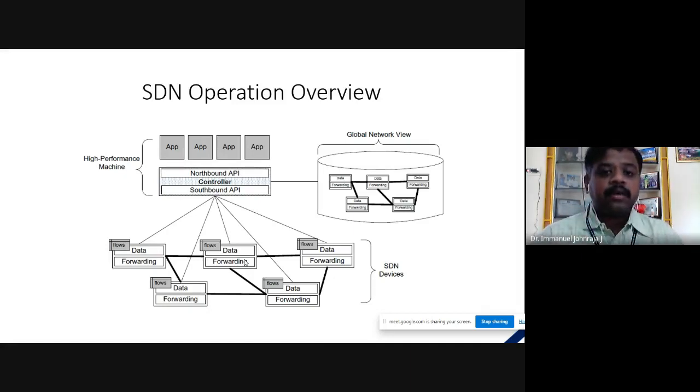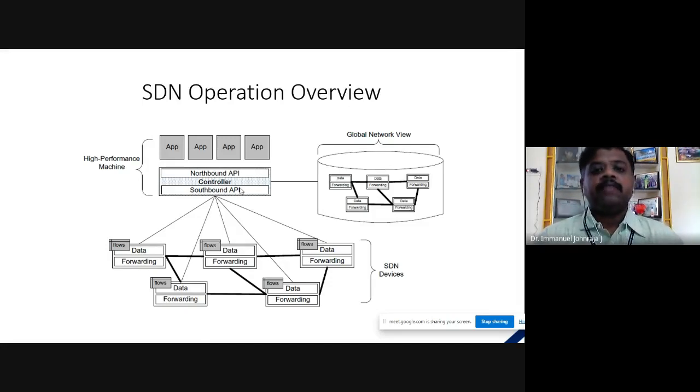But how are they working? They are all controlled by the controller. This controller has the global view of the network, very similar to link state routing protocols. Since it has the global view of the network, the controller can take a call on where the packet has to be forwarded. This is the biggest advantage of software defined networking compared to traditional networking.